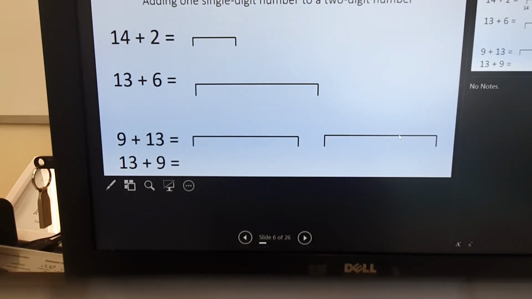Okay, so let's have a look at some of these on the number line now. So 14 add 2, we would be starting with a larger number because that's the one we've got first, and we'd be adding on our 2 jumps because we're adding 2 to get the answer 16.